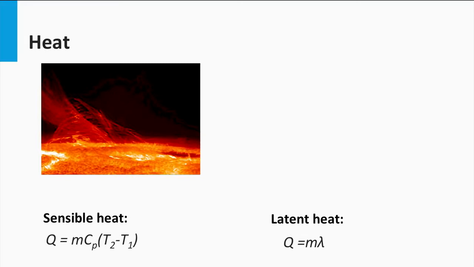In other words, it is the energy needed to go from solid to liquid or from liquid to gas. It can be calculated simply by multiplying the mass of the substance by the latent heat lambda.